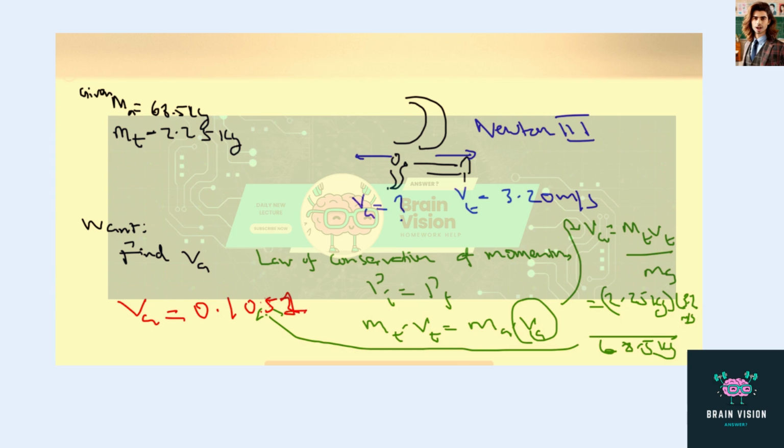We need to change this to 1 right here. This is 1. So this is 1 meters per second.